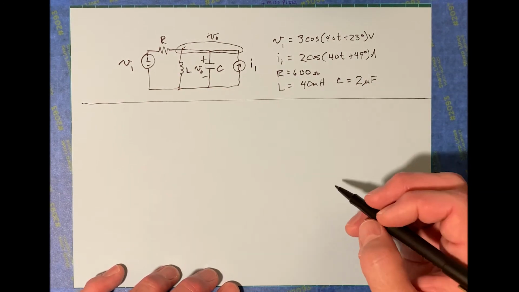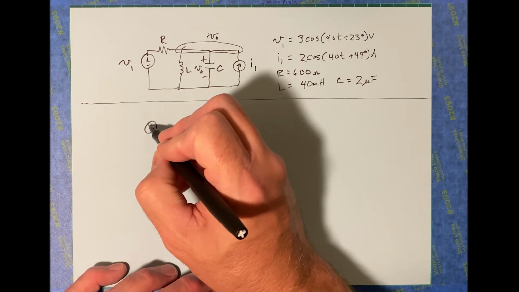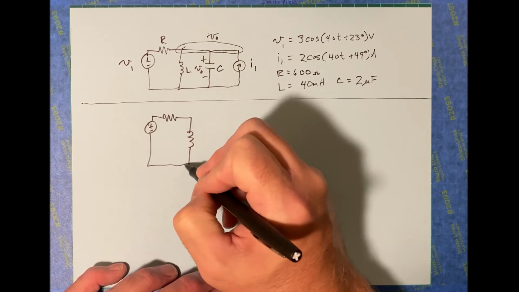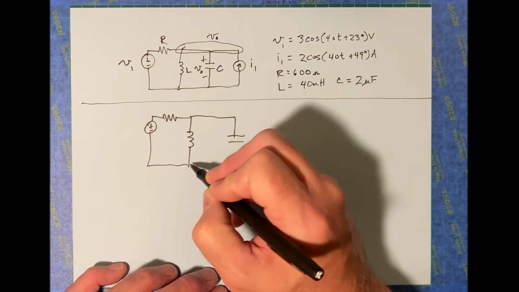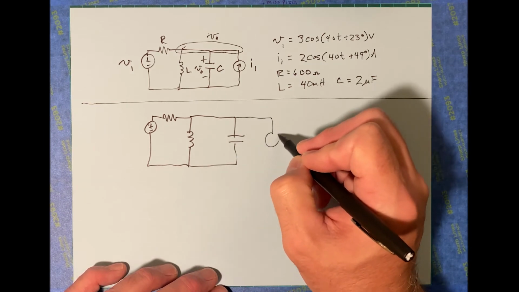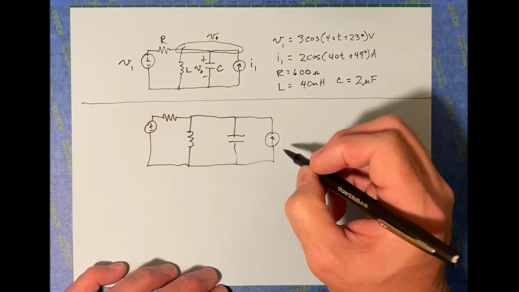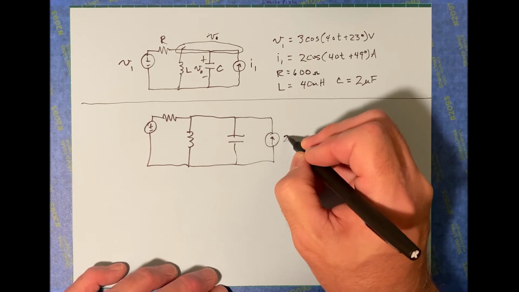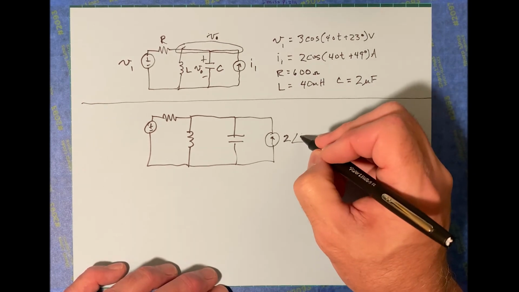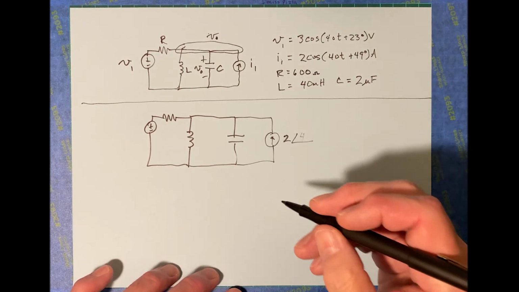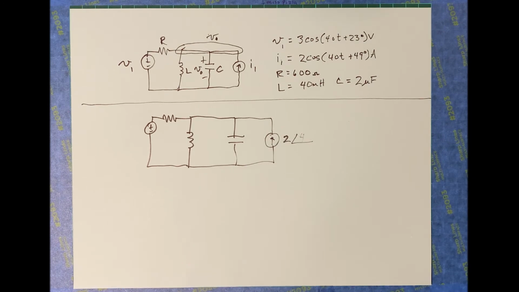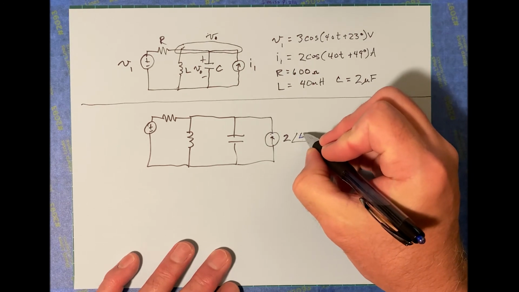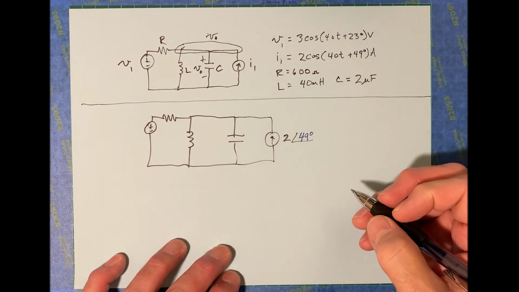All right, in order to convert into the frequency domain, let's see. I1 is going to be 2 angle 49 degrees.